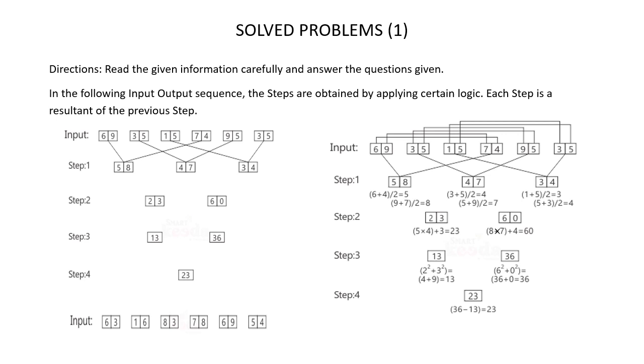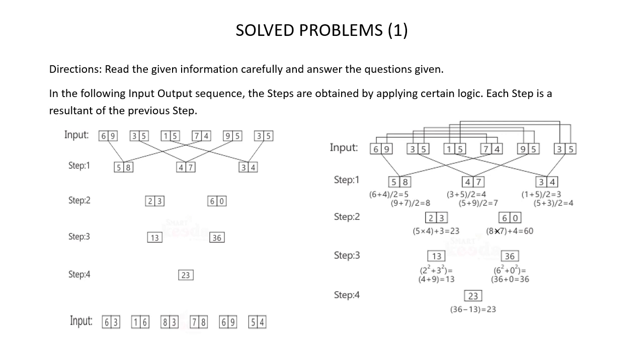Now once this pattern has been identified, you have to use the same pattern on this given input of numbers and find the appropriate steps from step 1 to step 4 and then answer the given questions.